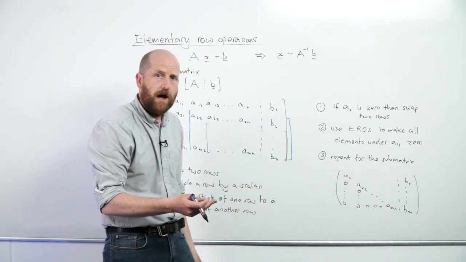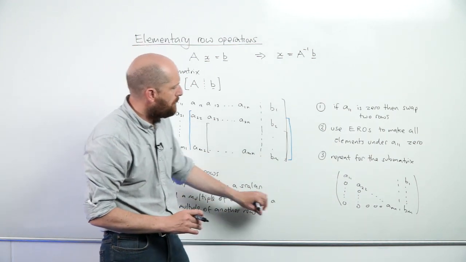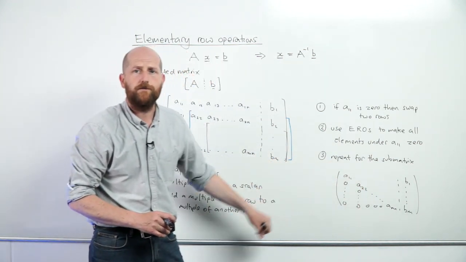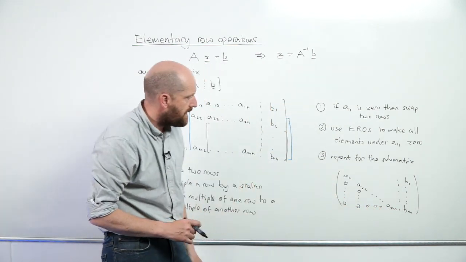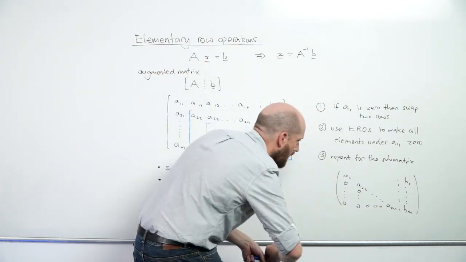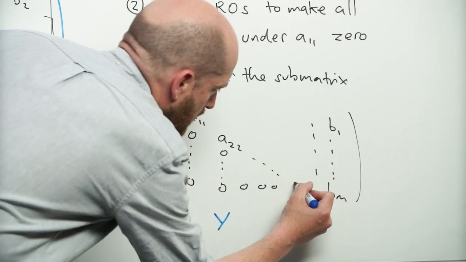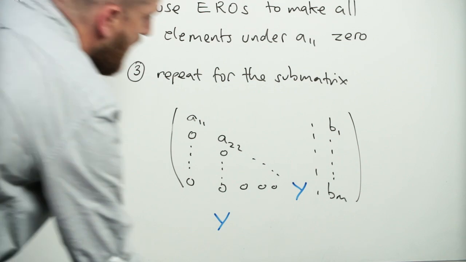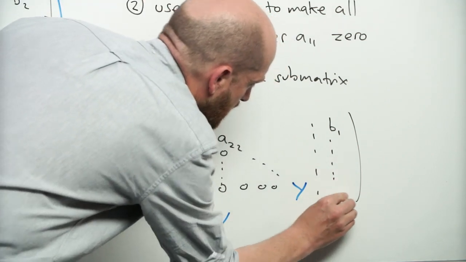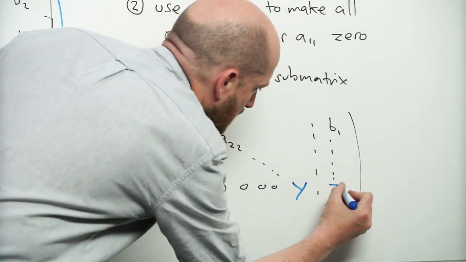Well, now I think back to where I came from. I remember that actually this is a set of equations. The very last line here says that this value here, let's call it y, and the value I end up with at the bottom here, let's call that z.